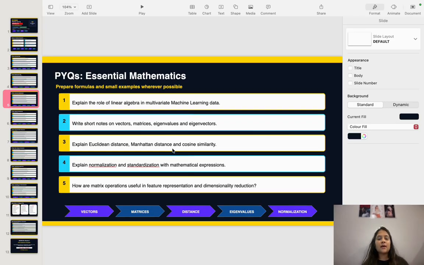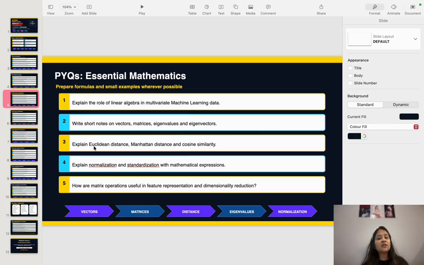Next is essential mathematics. So here prepare the formulas and write down a small example wherever necessary. Okay, so here you have to prepare the formula and a small example wherever it is possible. These are the 5 questions for that. Explain the role of linear algebra in multivariate machine learning data. Write short notes on vectors, matrices, eigenvalues, and eigenvectors.